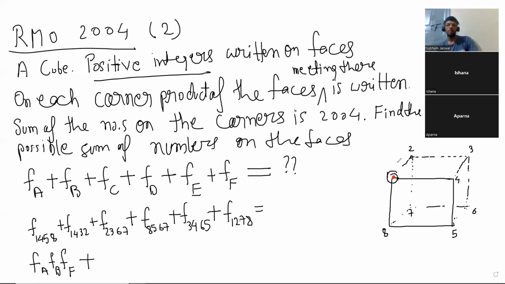Can you say about 2? Anyone? Which ones will meet at 2? Well, obviously those that contain 2, right? And this last one. So it will be F, B, C, F. Maybe I will write it as FC.